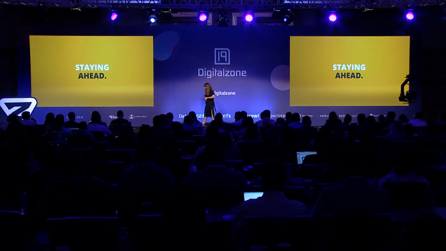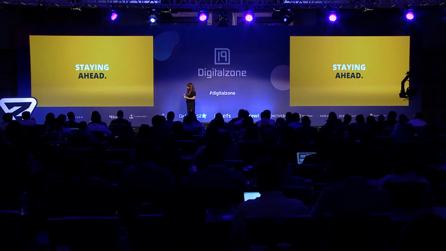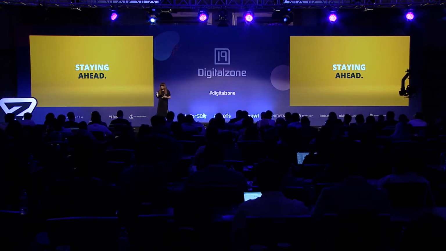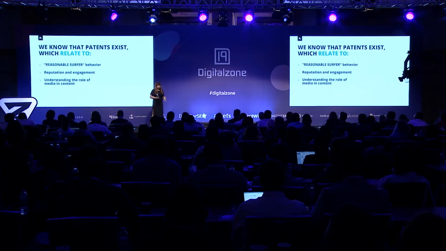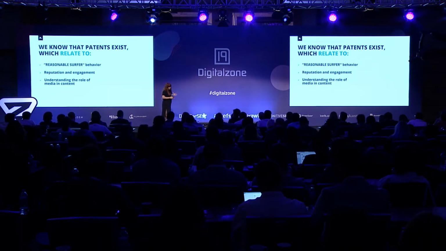So then when it comes to staying ahead, this is probably the hard bit. It's really easy-ish to do SEO once you have all the data that other people have collected, and once you have all of the studies that everyone else has done, and once you can also analyze what your competitors are doing. But if we want to be ahead, I think the best thing you can be doing is staying on top of Google's patents. So Google have patents on these three things.